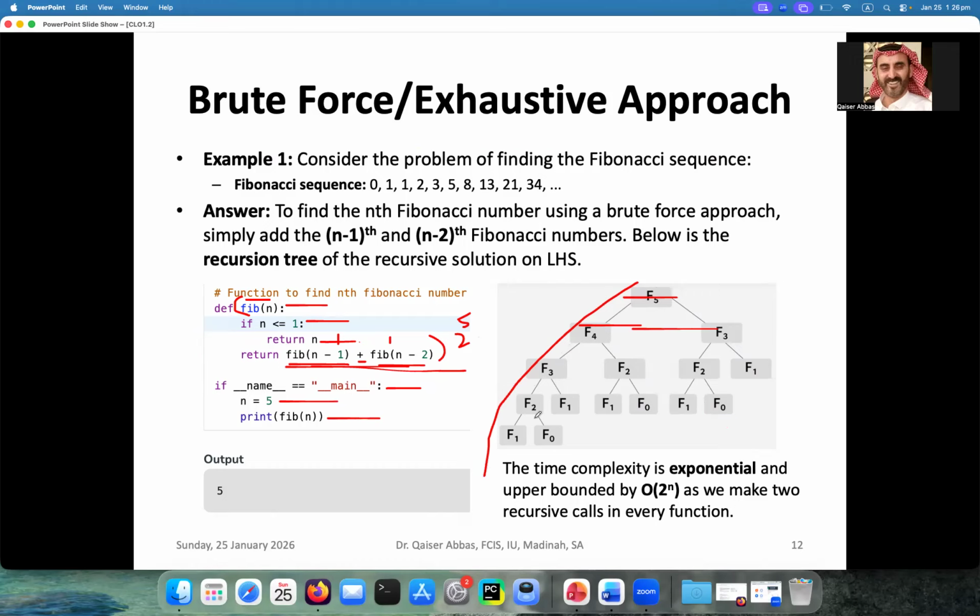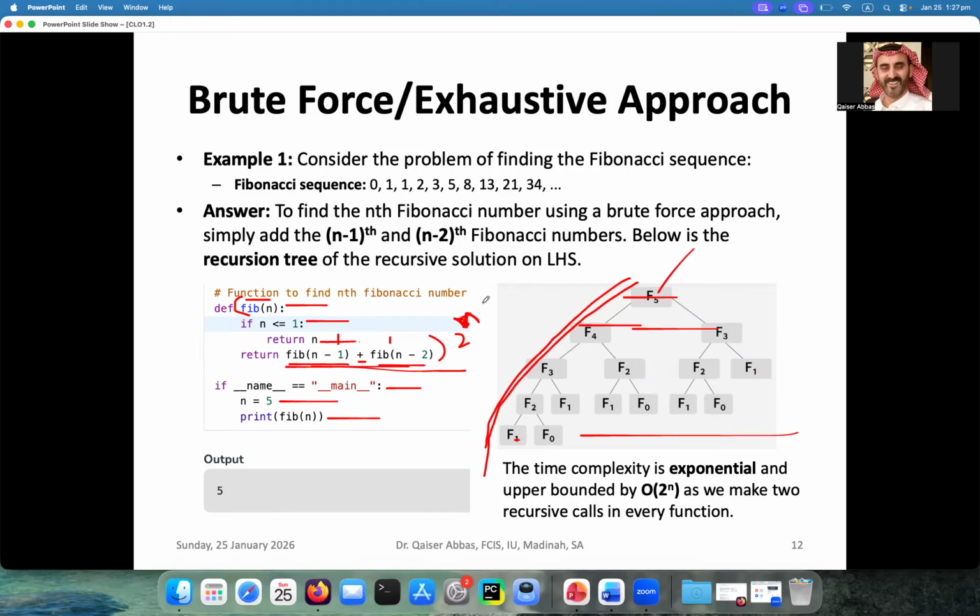Then you can count the number of calls at the last depth level. So this depth is giving you that idea. If your n is 5, you can write 2 raised power 5, or in general terms, 2 raised power n.